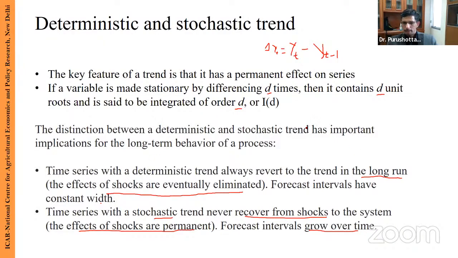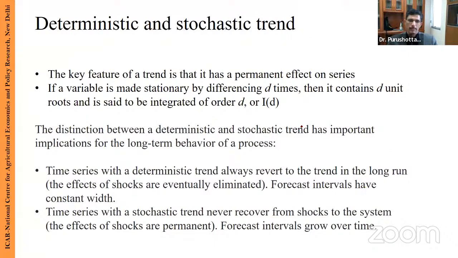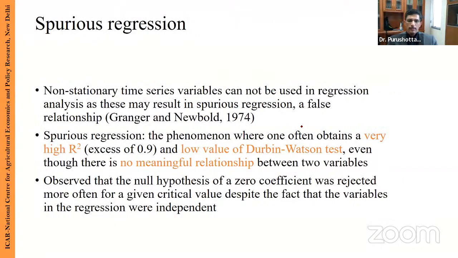So that's the beauty of this trend kind of thing, and we have to know whether our data is trending. If trending, then what type of trend is there, stochastic or deterministic. Then we go about the spurious regression we discussed initially.